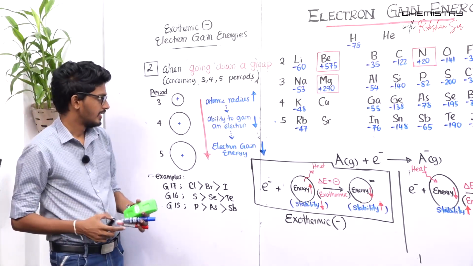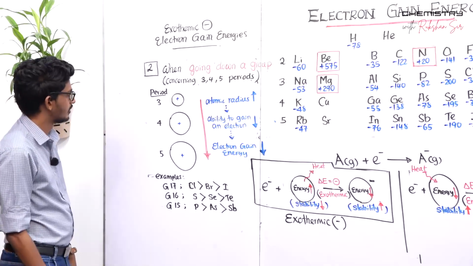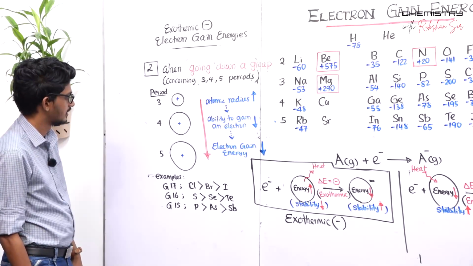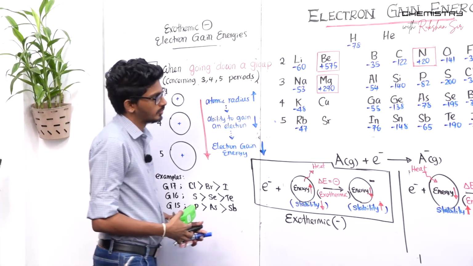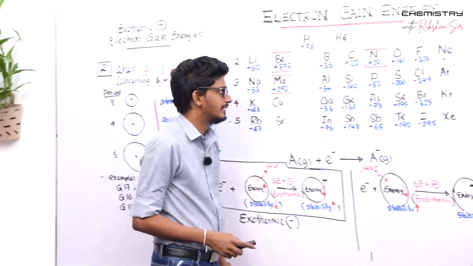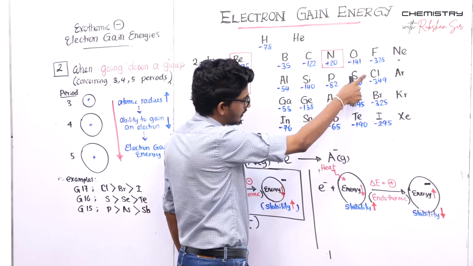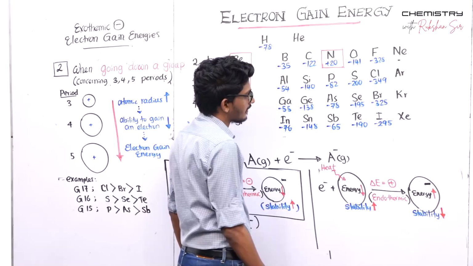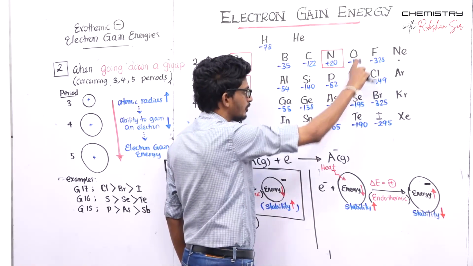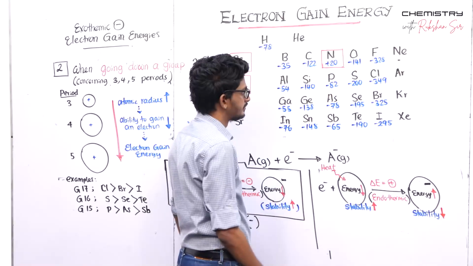Alright, let's come up with the third important point about electron gain. Even though the values are decreasing going from the third to fourth to fifth period, when considering the second and third periods, that is not the case.